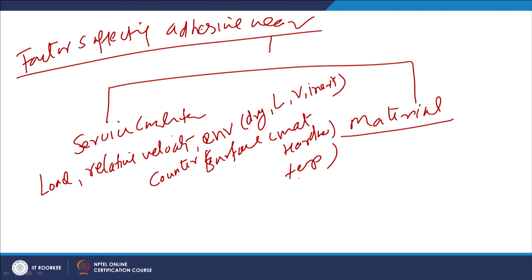On the other hand, on the material side, the material which is being considered from the wear and friction point of view has its surface roughness. This is one parameter.